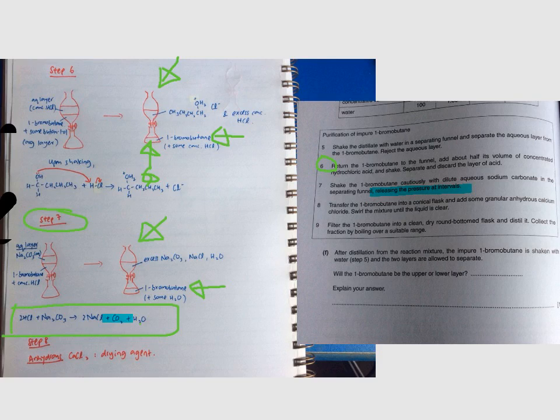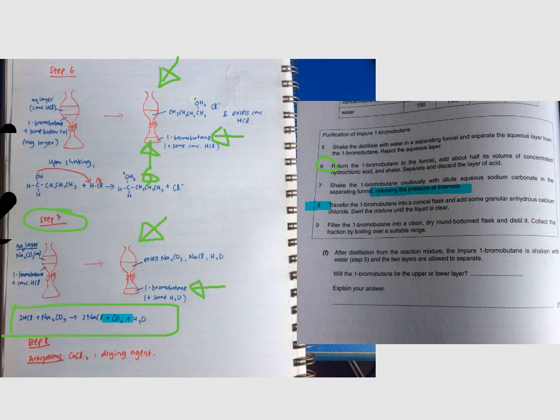And when you're shaking, you actually stopper your separating funnel. So at intervals, you must take out the stopper to release the pressure of the CO2 gas, or else there will be a build-up of pressure due to the CO2 gas being produced when the reaction is taking place.